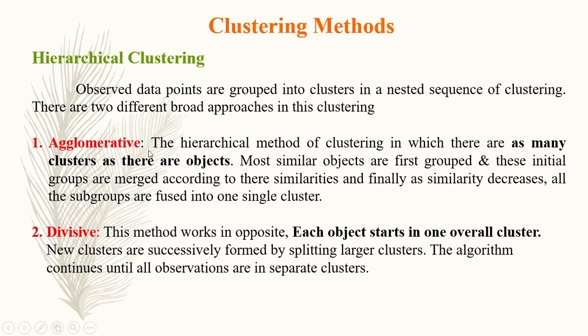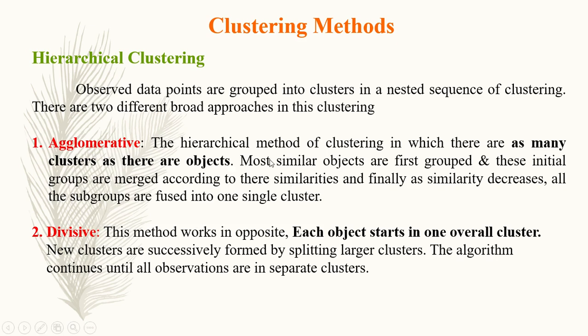Agglomerative is the hierarchical method of clustering in which there are as many clusters as there are objects. Most similar objects are first grouped, and these initial groups are merged according to their similarities. And finally, as similarity decreases, all the subgroups are fused into one single cluster.